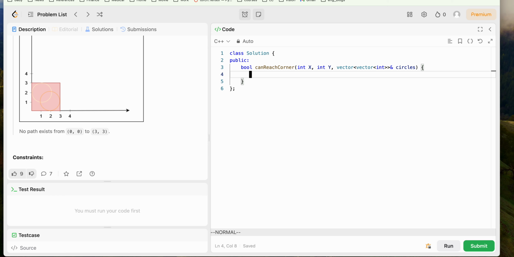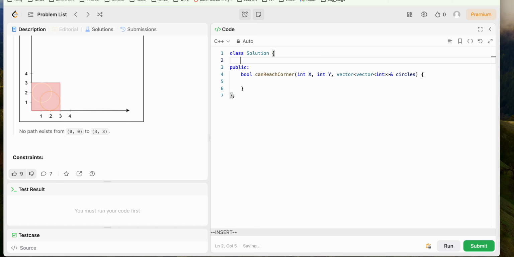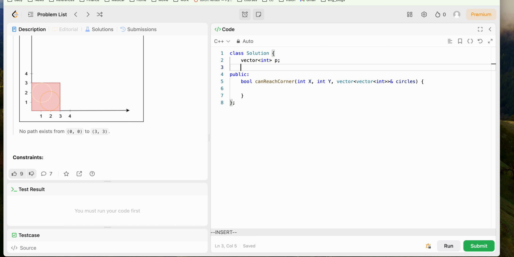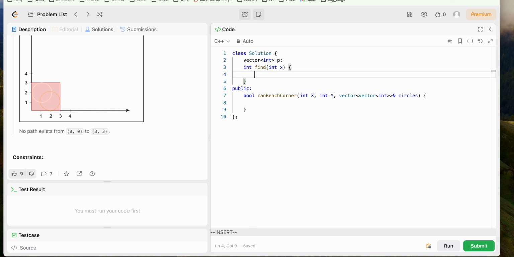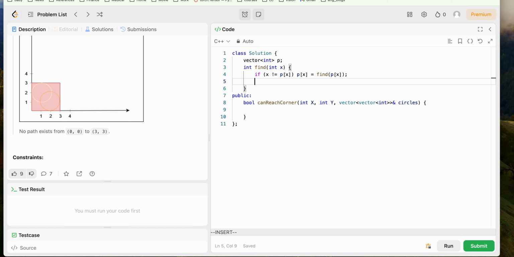In order to do the union set, we need to first write the union set template. So this is the parents, and we have a find function. If x not equal to px, px equals find px, then return px.